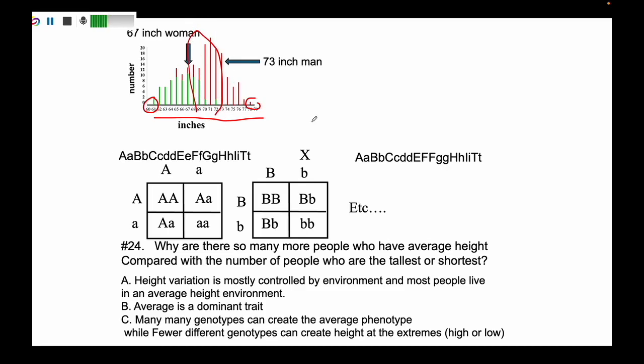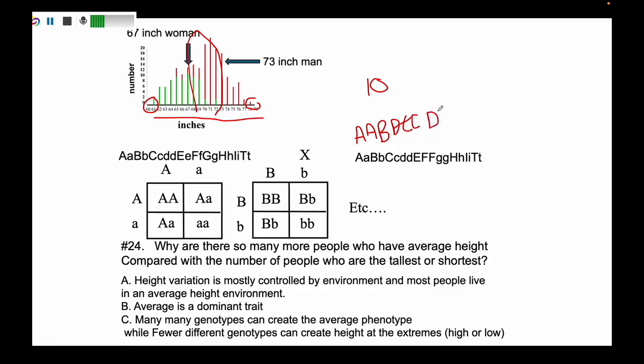That's another one. And so here we get at the average height. The average height of a man or a woman will have not the maximum 20 uppercase alleles, but 10 uppercase alleles. And there are many different ways in which you can have 10 uppercase alleles. You could have all uppercase alleles at the A's, the B's, the C's, the D's.